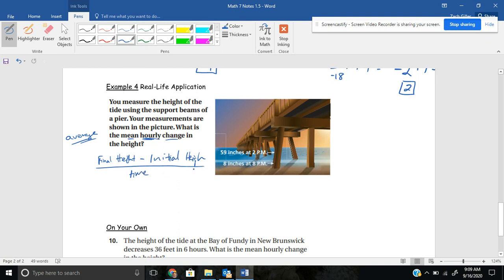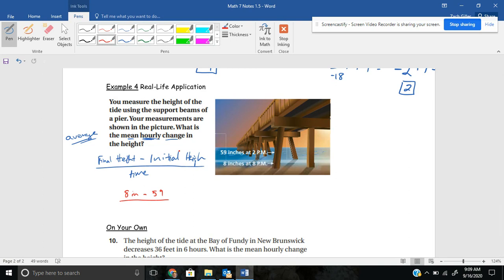Okay, so let's stick in some numbers for that. Our final height, I know I was at 8 inches, and I need to subtract my initial height, which was 59 inches, and I need to divide that by how many hours that took to find out the average change per hour.